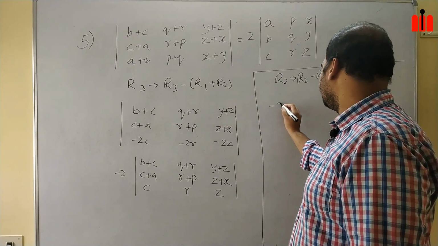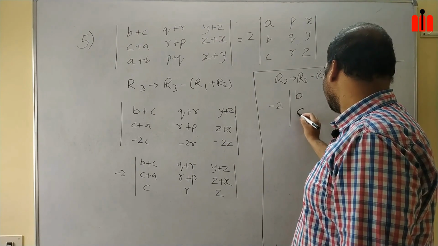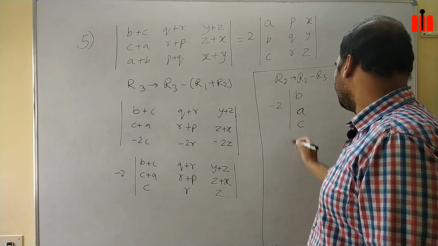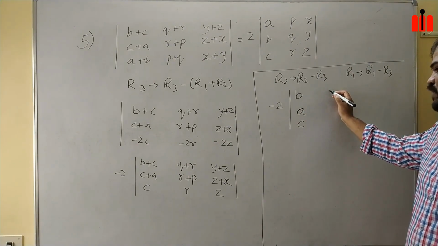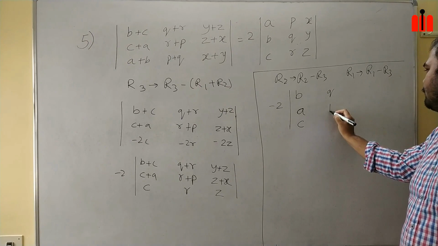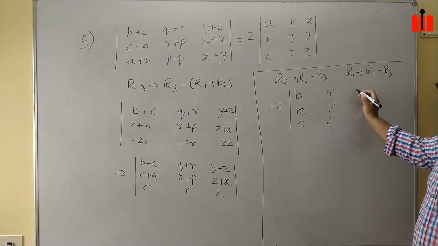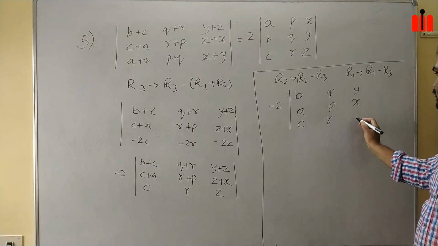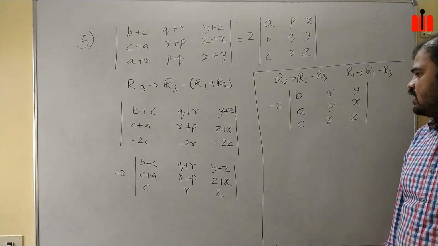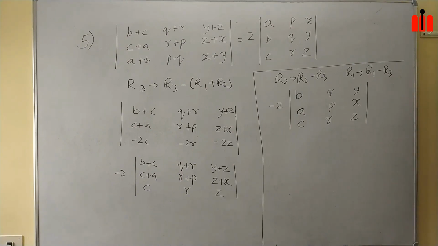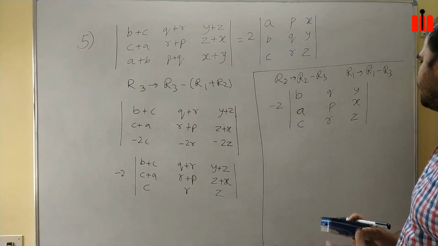Then I will be left with minus 2 times B, A, C. In this it is Q, P, R. In this it is Y, X and Z. Okay, now we have to get A P X, B Q Y, C R Z.